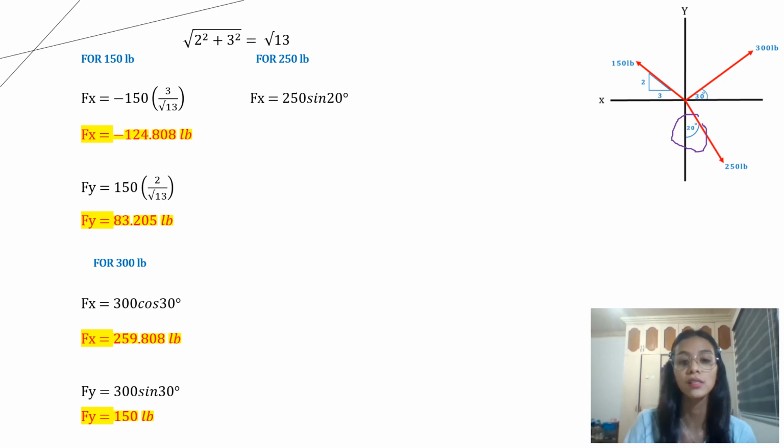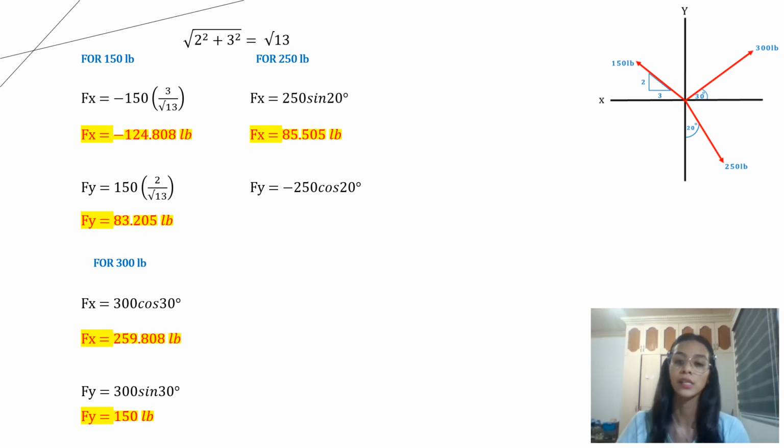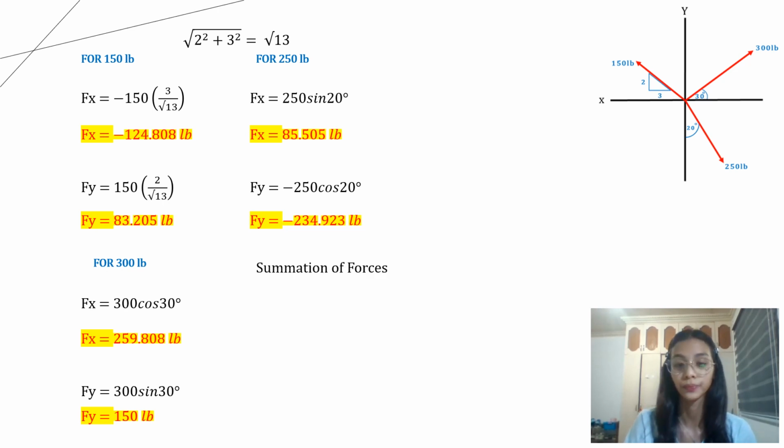So the answer is 85.505 pounds. And our Fy is negative since the y is pointing downwards. So 250 cosine 20, the answer is negative 234.923 pounds.